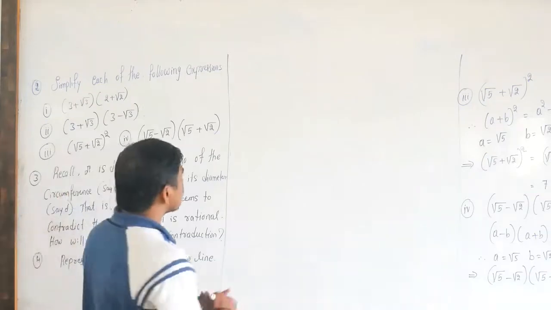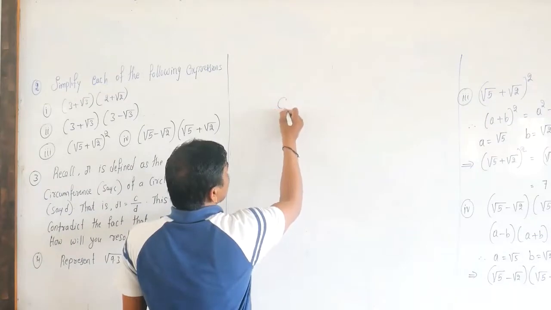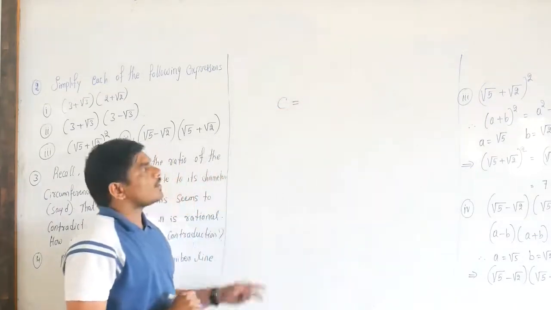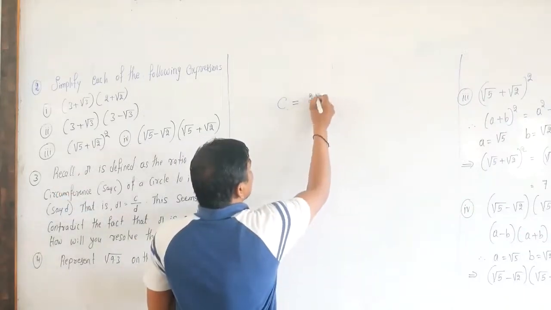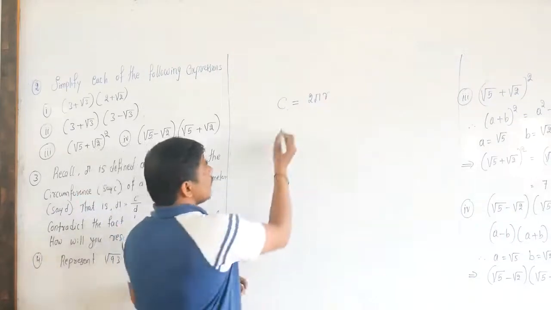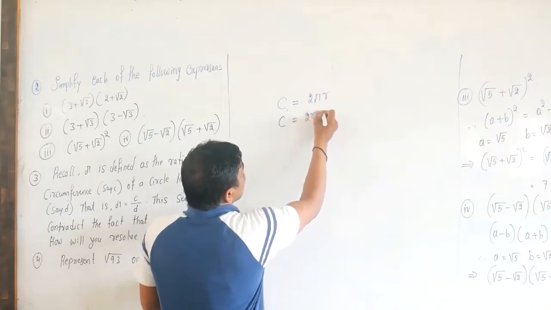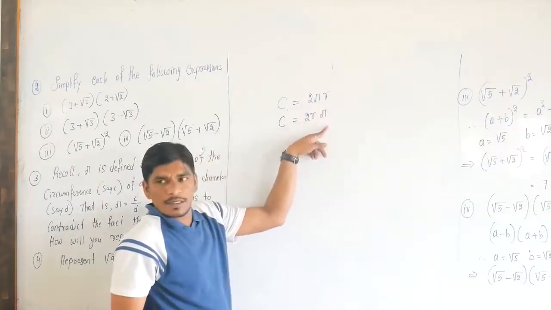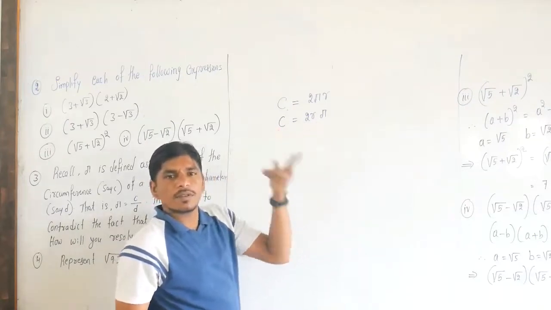Circumference of the circle, which we denote by C according to the given problem, is equal to 2 pi r. This is the formula. Now, rearranging the terms, C is equal to 2r into pi. 2r means 2 times the radius, which is always the diameter.